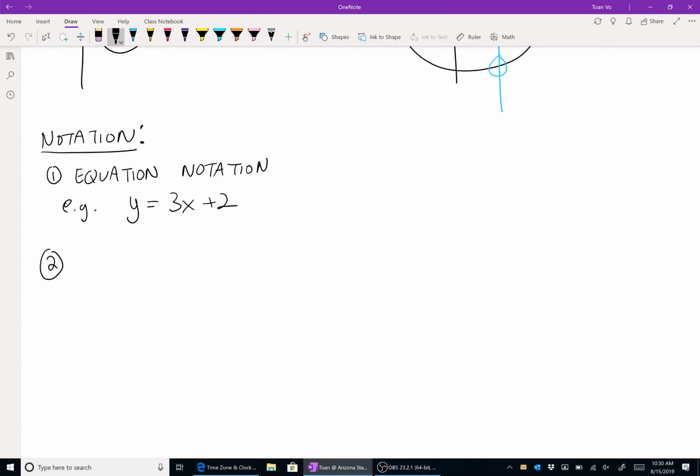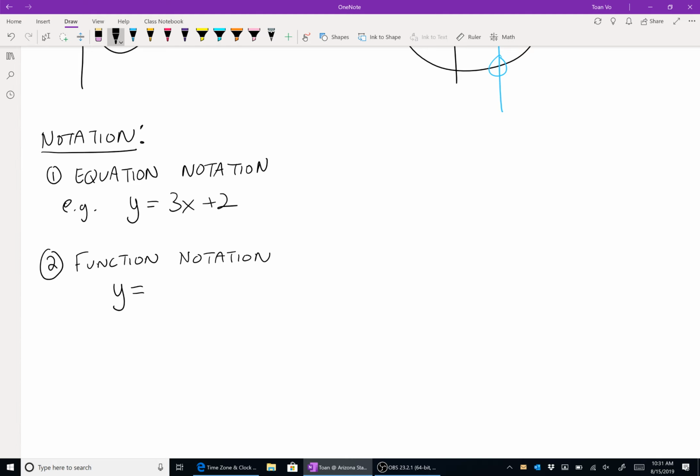But functions are so special, they get their own notation called, not surprisingly, function notation. All function notation is, it takes away the output of y and substitutes a name for the function.